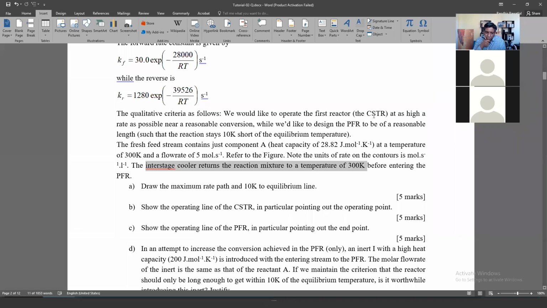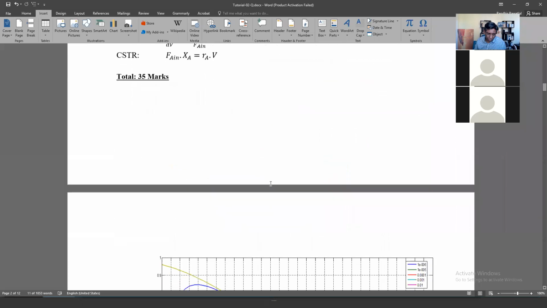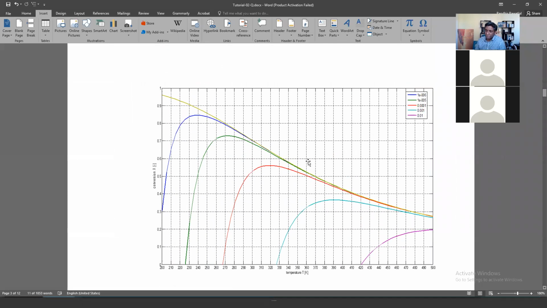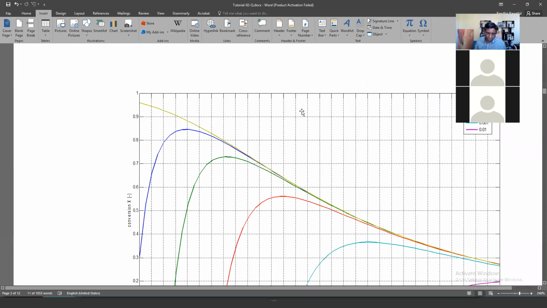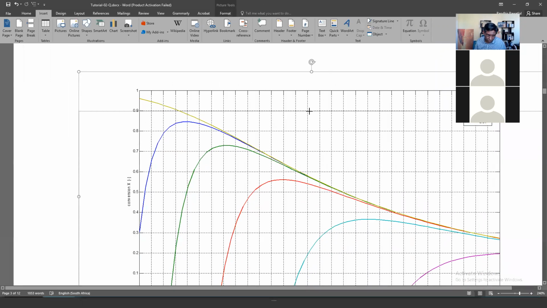Okay, so first question, draw the maximum rate path and 10 K to equilibrium lines. And I should have gone a bit further to say we are provided with this graph, which shows us iso-rate lines. So fortunately, the proportions are a bit wonky. Let's just move over and zoom.